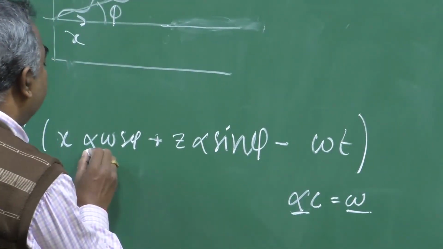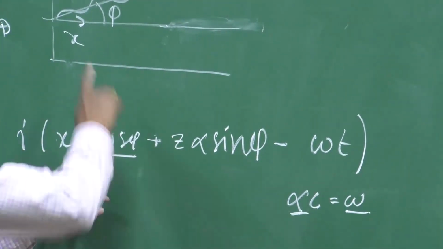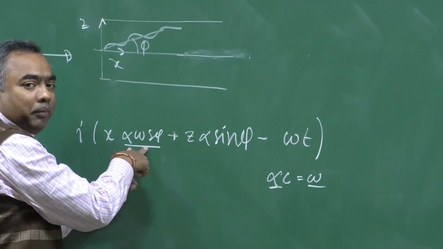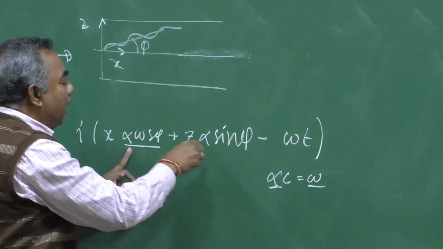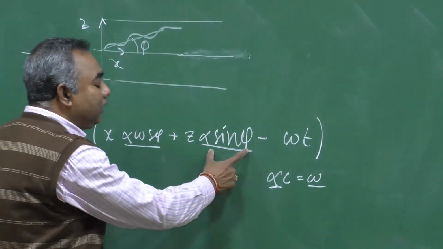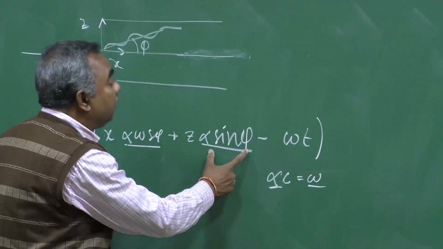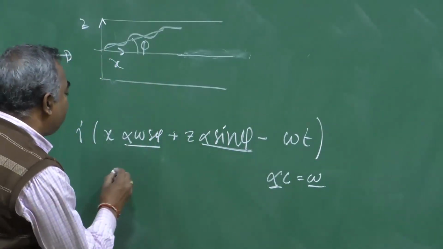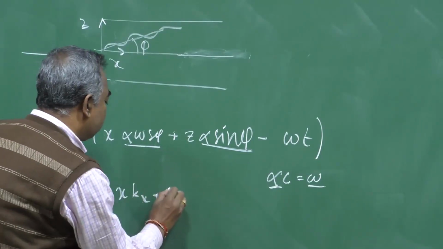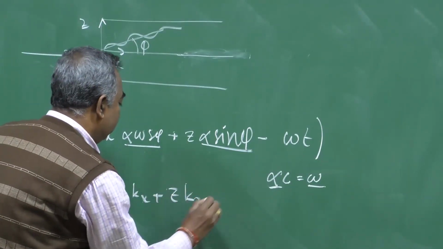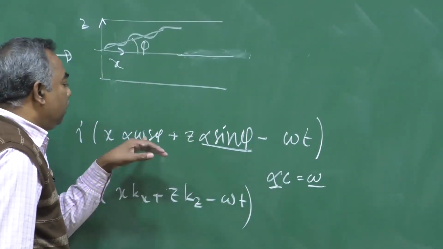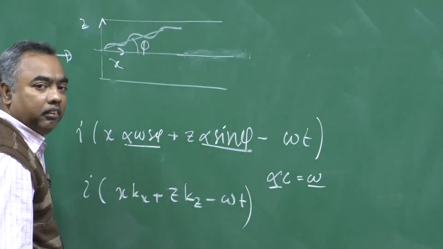If alpha is in this direction, its component in the x direction is k x or alpha cos phi, and this one is alpha sin phi, the z component. So, this is the x component of the wave number and this is the z component. Instead, we could have written this as x k x plus z k z minus omega t, instead of this cos phi and sin phi.